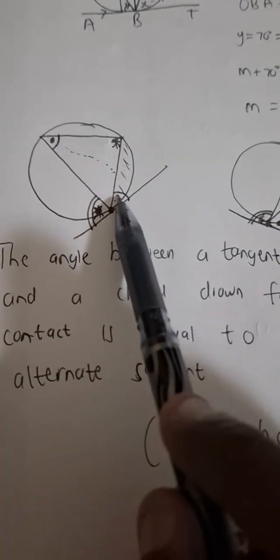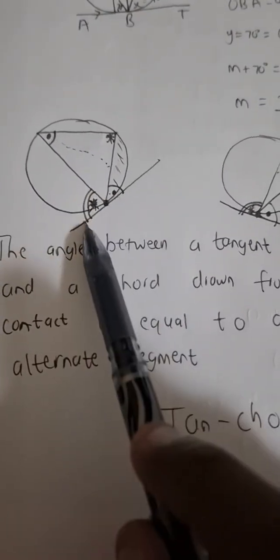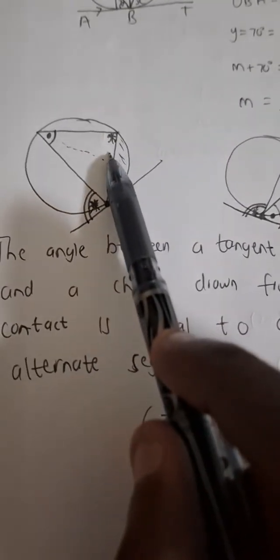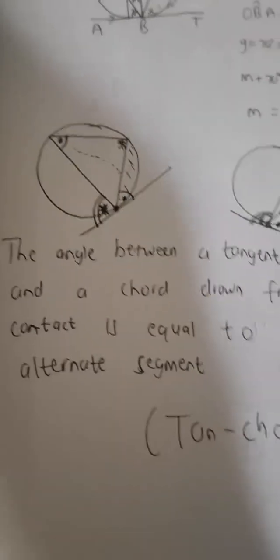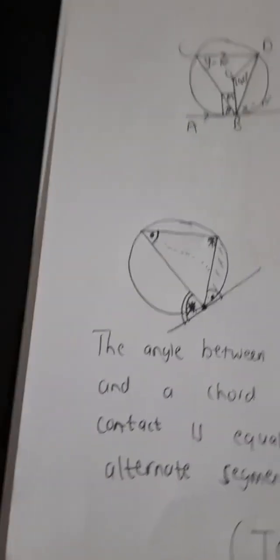So we'd say this angle here would be equal to that one, and this angle this side will be equal to that one. Why? Tan-chord theorem. And then tangents from the same point. So I've done all three of the theorems that relate to tangents purposefully all at once, so that we all have a pretty solid understanding of those theorems.